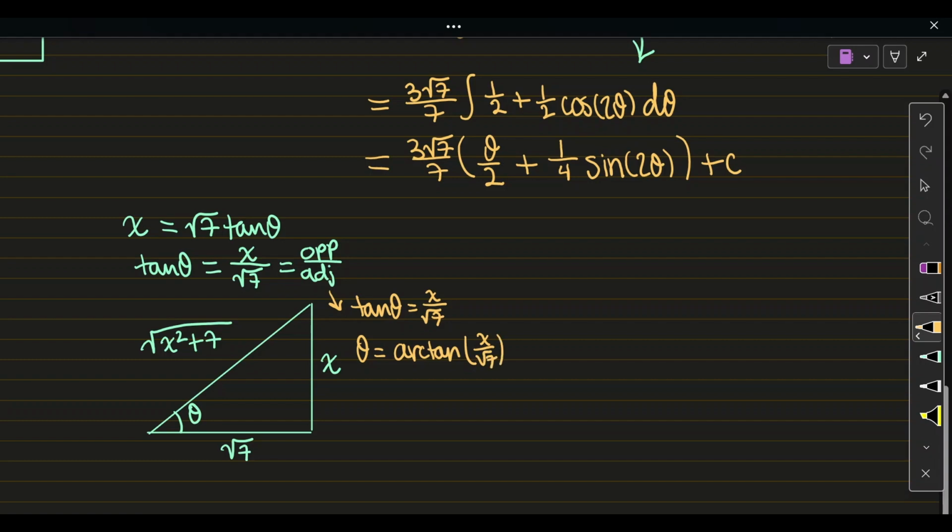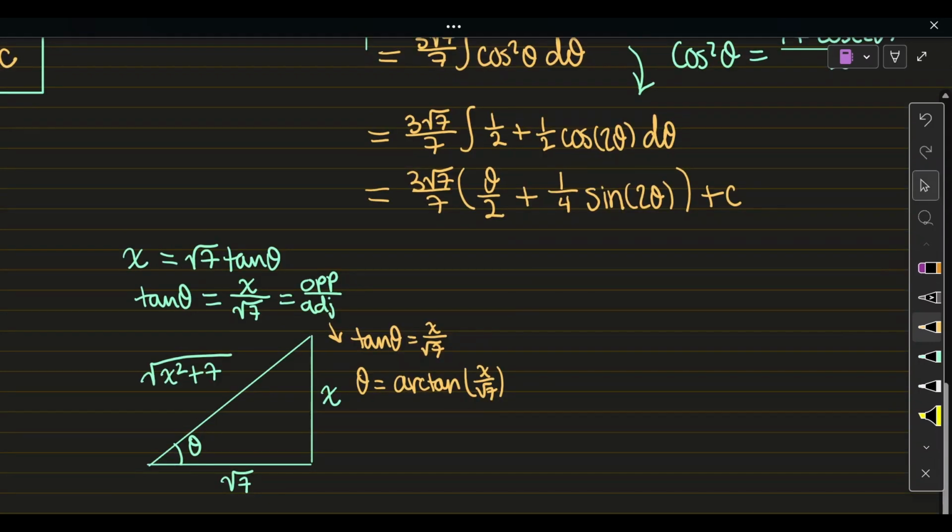So that'll help us substitute this lonely theta back in. Again, if I want to substitute this sine 2 theta back in terms of x, I know things about theta, the angle in the right triangle, but I don't know things about 2 theta, because it's not as simple as just multiplying things by 2.